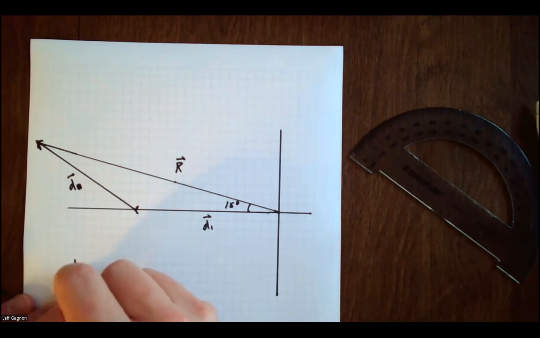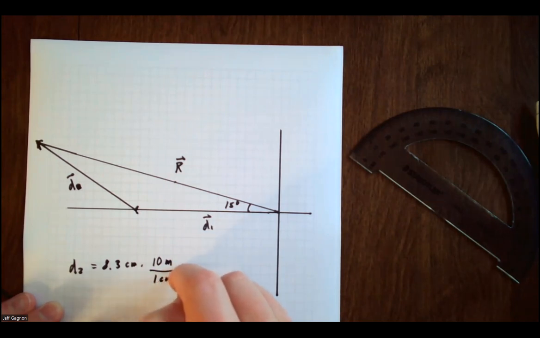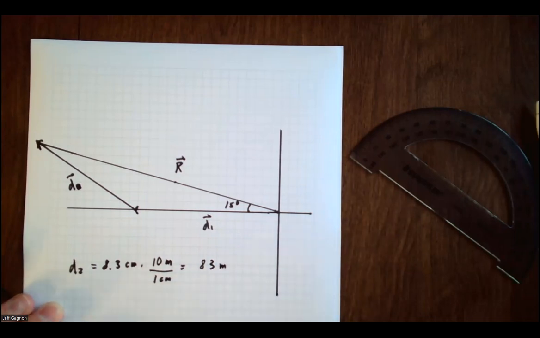So D2 is around 8.3 centimeters. And then if I convert back to meters, I know there's 10 meters in 1 centimeter. So that's going to be like 83 meters.